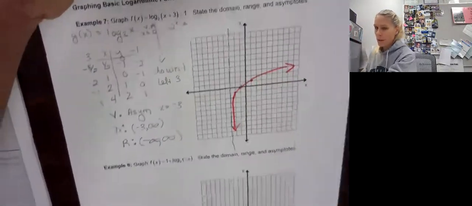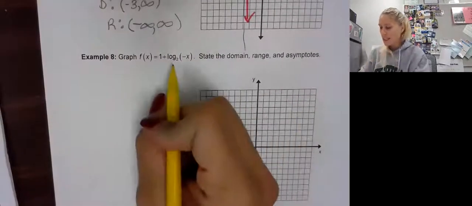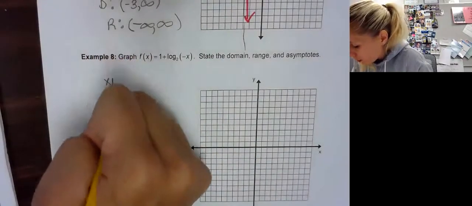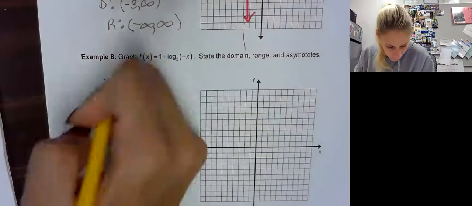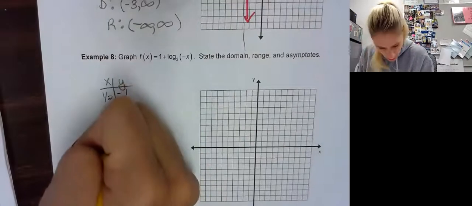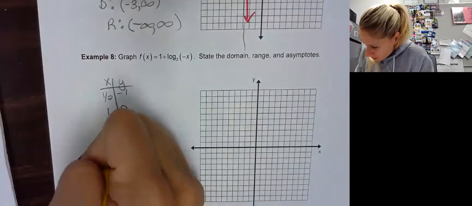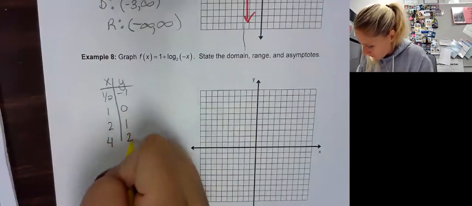All right, one more graph, because of course it wants you to do something tricky. The good thing is we're still in the base of 2, so I'm just going to use our parent function table that we used above. So we get 1/2, -1, 1, 0, 2, 1, 4, 2.